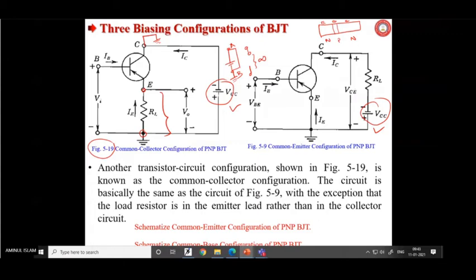Once the BJT is biased in this way, it can work as an amplifier. Then you can apply a small signal across the input, a very small signal, say 1 millivolt or 2 millivolt, that may be generated by a microphone.